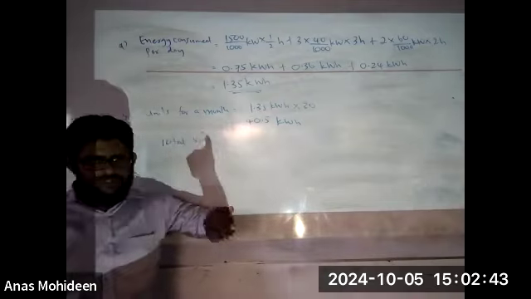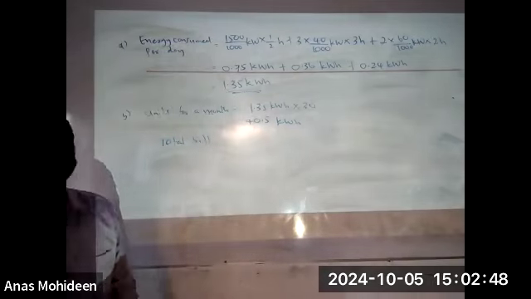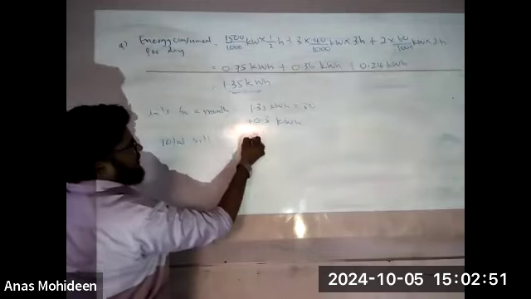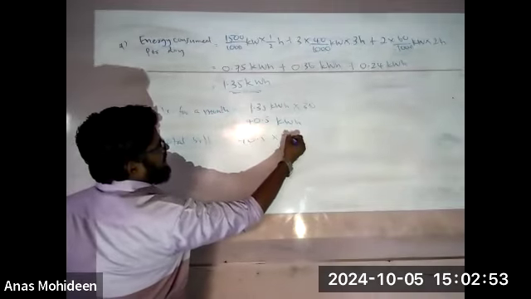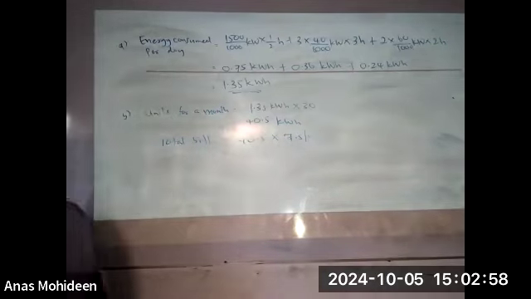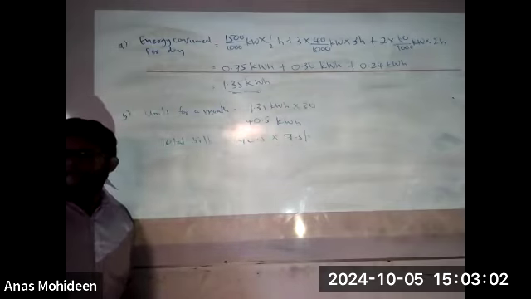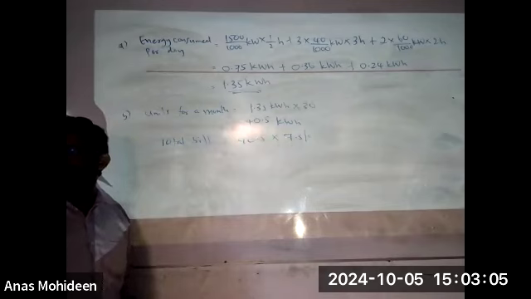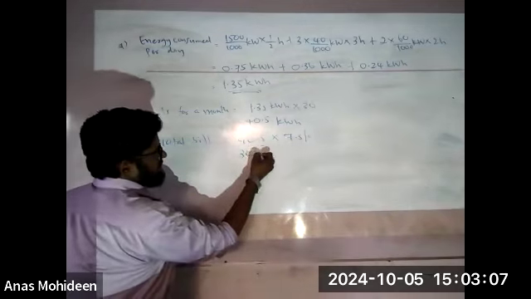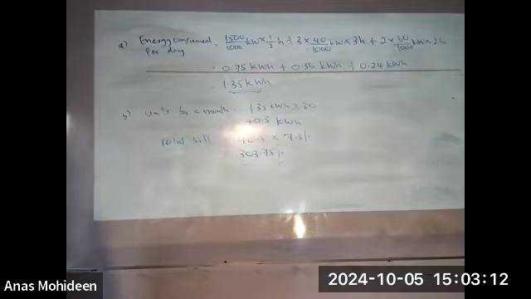The total bill follows the previous range rate. What is the previous range? The first 60 units are charged at 7.5. This is within that. So 40.5 into 7.5 rupees is 303.75 rupees. This is how the answers are taken.